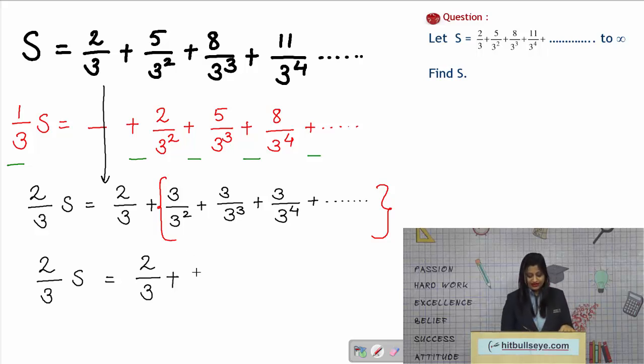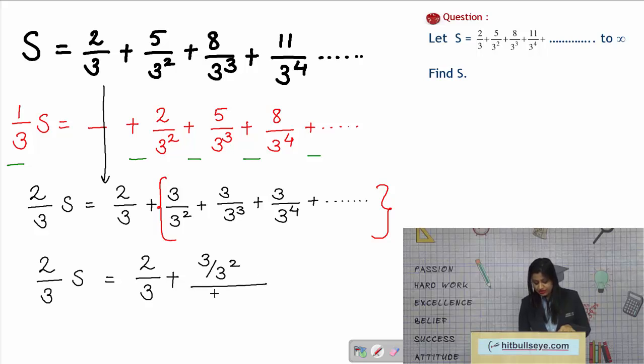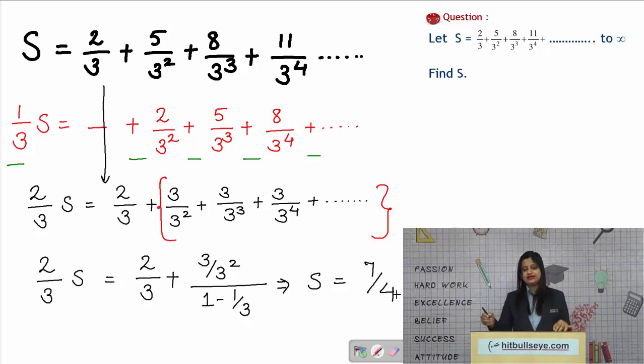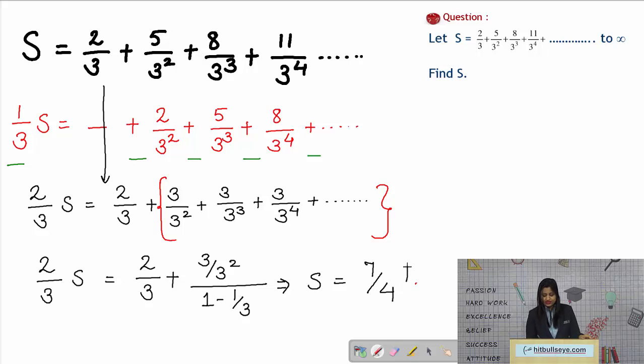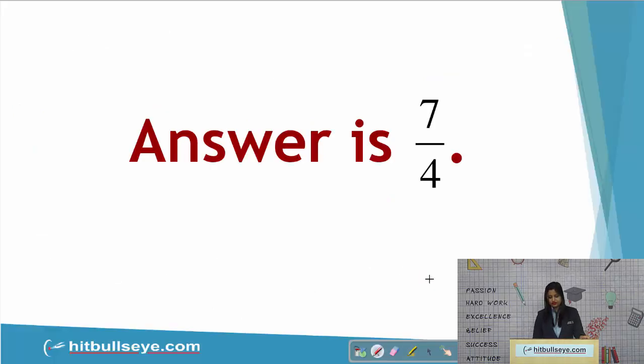Now we will apply the formula. So it will become 3 by 3 square, that is A upon 1 minus R, which is 1 by 3 in this case. If you solve it, you will get S is equal to 7 by 4. I am leaving the calculation part for you. So this is the answer in this case, 7 by 4.